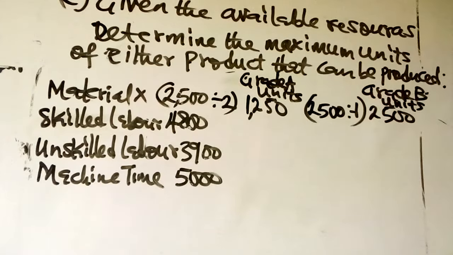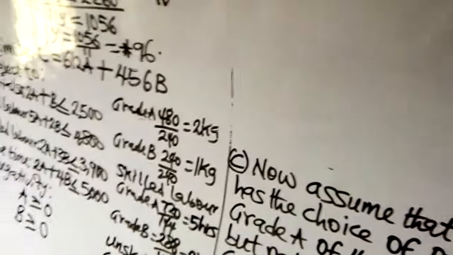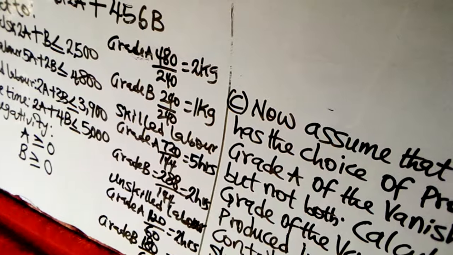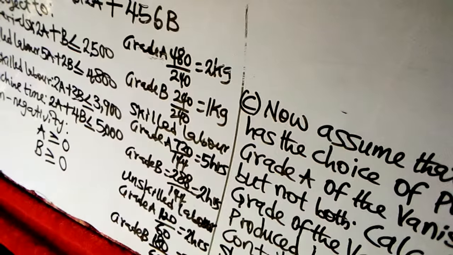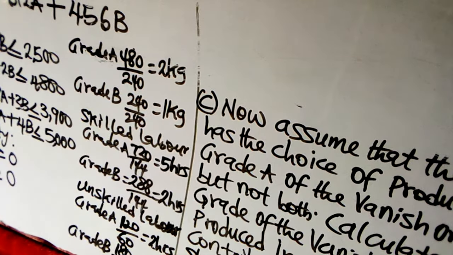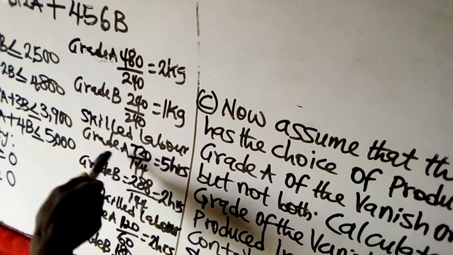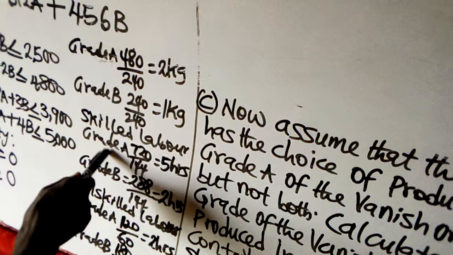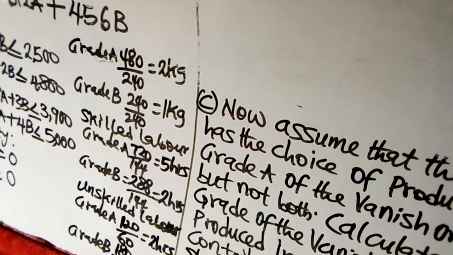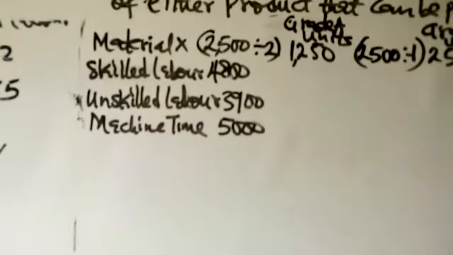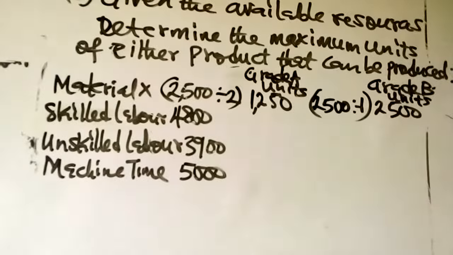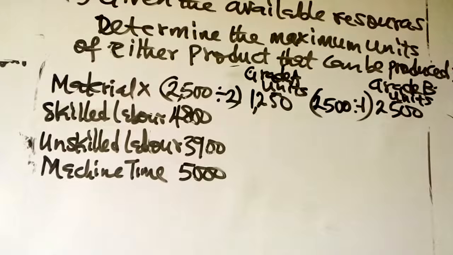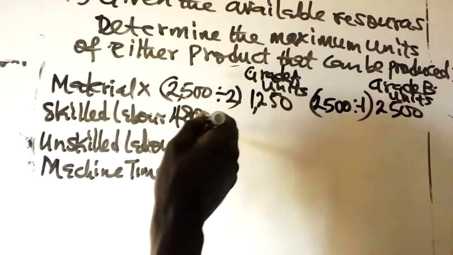Therefore, skilled labor, you have 4,800 hours available. To produce 1 unit will require 5 hours of grade A and 2 hours of grade B. So, how many units will the 4,800 hours be enough to produce?